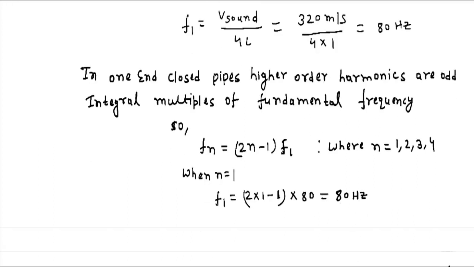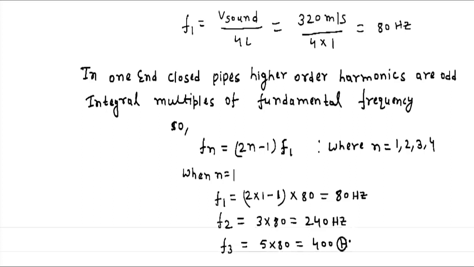When n is equal to 2, f2 will be 2 into 2, 4, 4 minus 1, 3, 3 into 80, that is equal to 240 Hz. And f3 is equal to 3 into 2, 6 minus 1, that is 5 into 80, equal to 400 Hz.